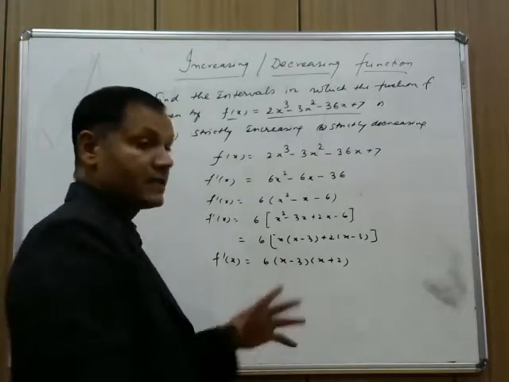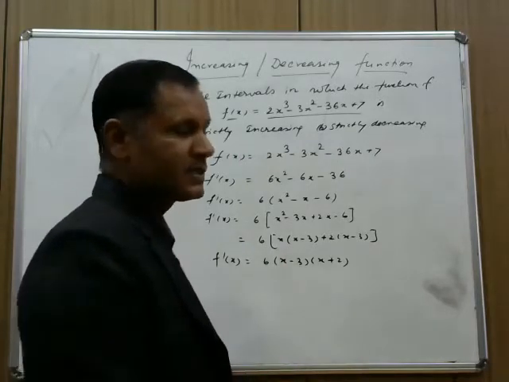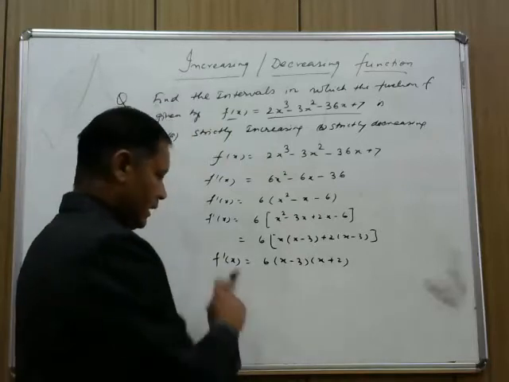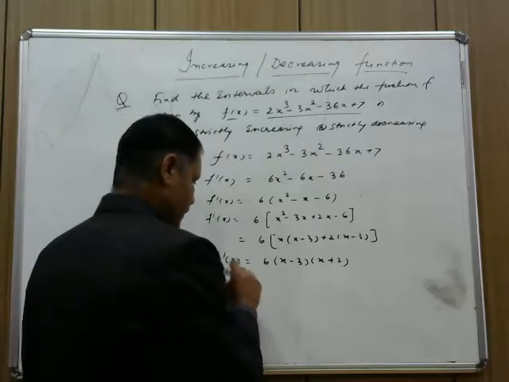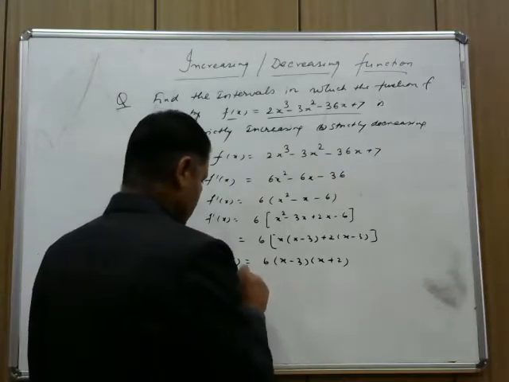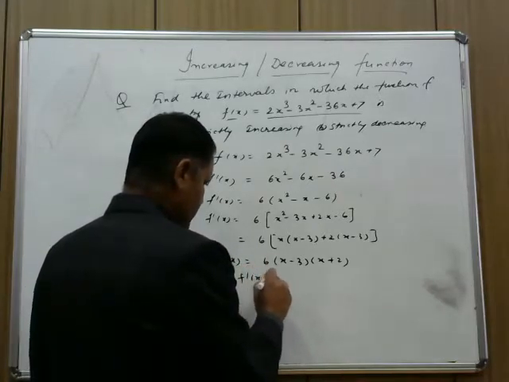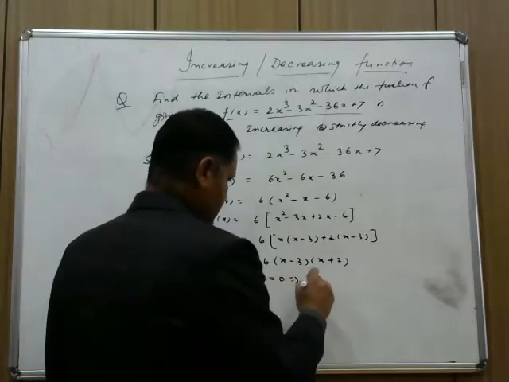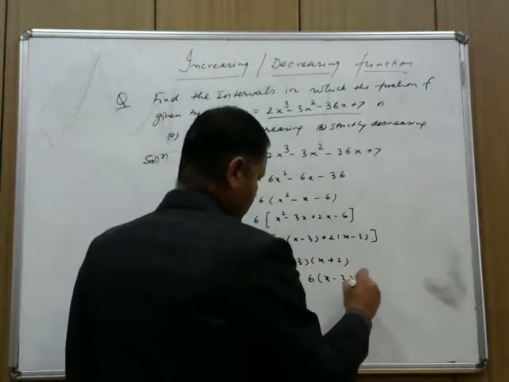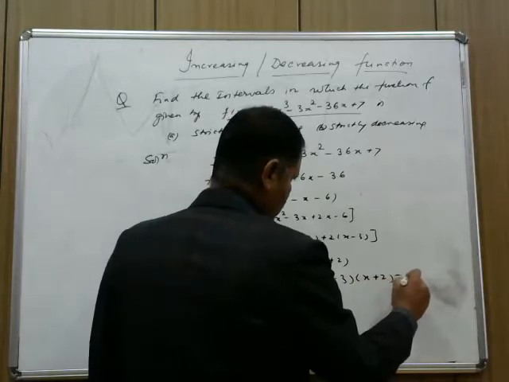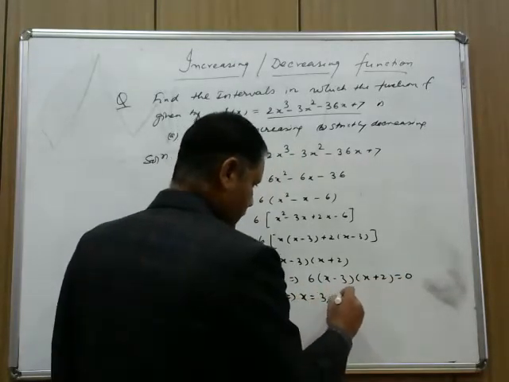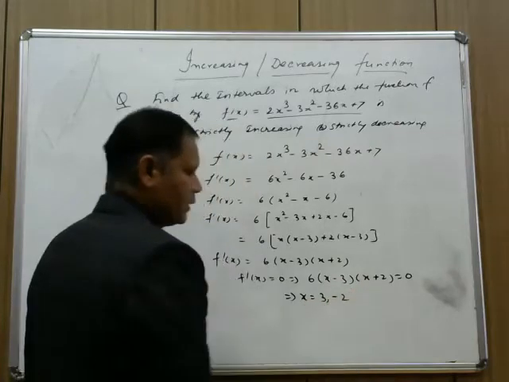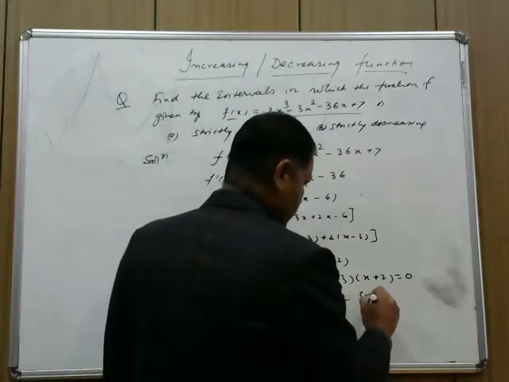That is also known as a critical point, where f dash of x is equal to 0. When I put f dash of x equal to 0, it implies that 6 into x minus 3 into x plus 2 is equal to 0, and it implies that x is equal to 3 and minus 2. These two are also known as critical points.